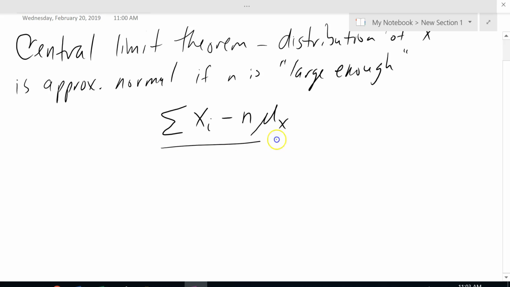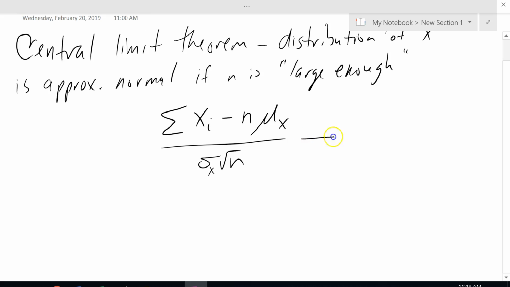And if you divide it by sigma times the square root of n, that's the square root of the variance, right? Remember when you have independent random variables, you add the variances? So the variance of the sum of the x sub i should be n times the variance of x. I'll put a sub x here, just to emphasize that. So you're dividing by the square root of the variance, so you're dividing by the standard deviation. What we've done here is standardize this, right?